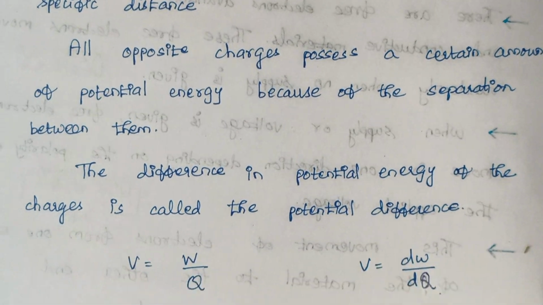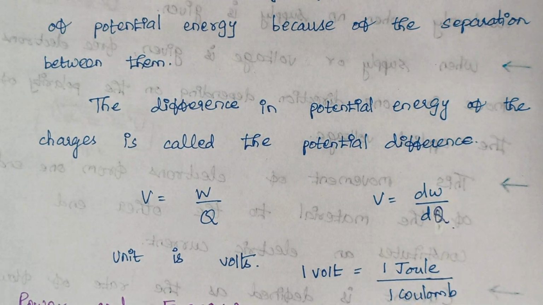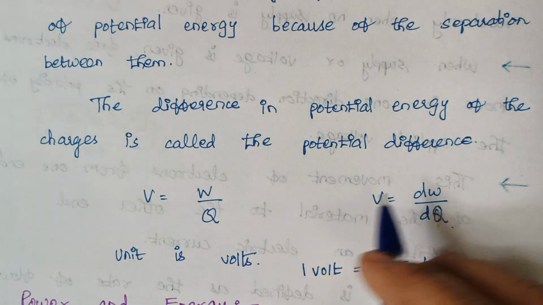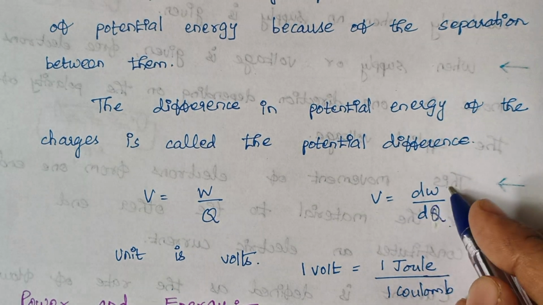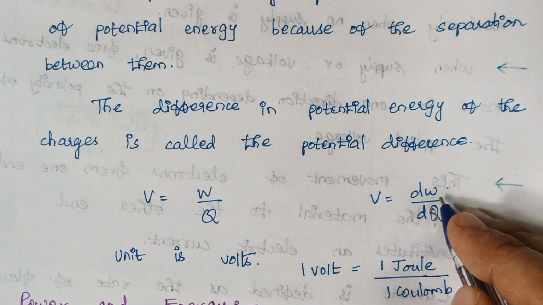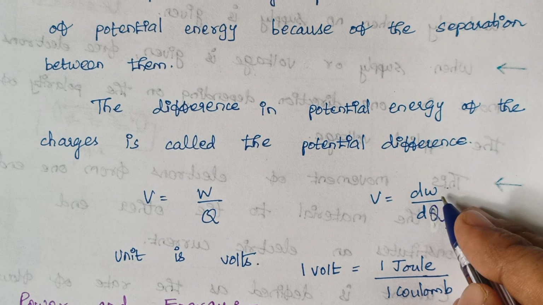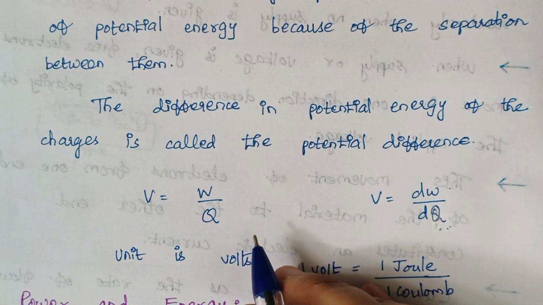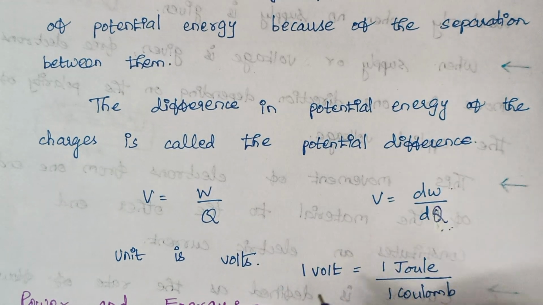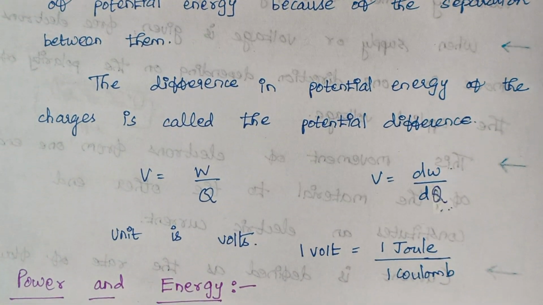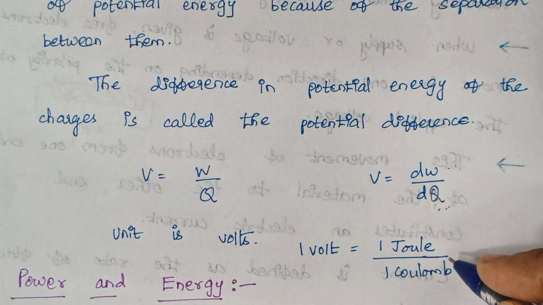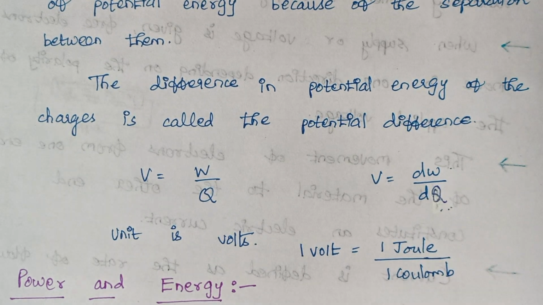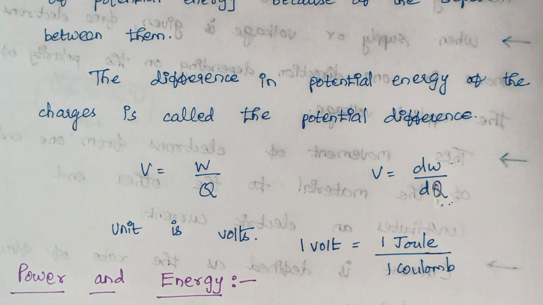Voltage is represented by V is equal to W by Q. In other words, V is equal to dW by dQ, that is, a small change in potential energy with respect to the charge. The unit of voltage is volts, and 1 volt can be represented as 1 joule by 1 coulomb.